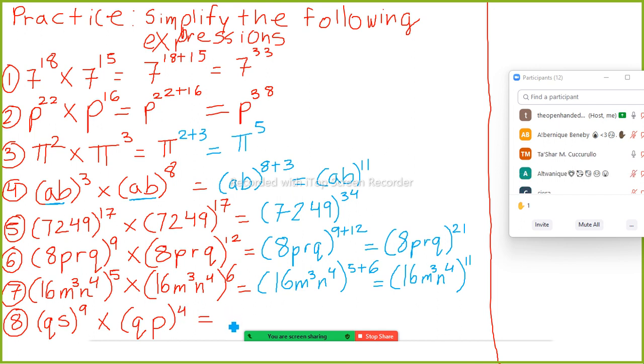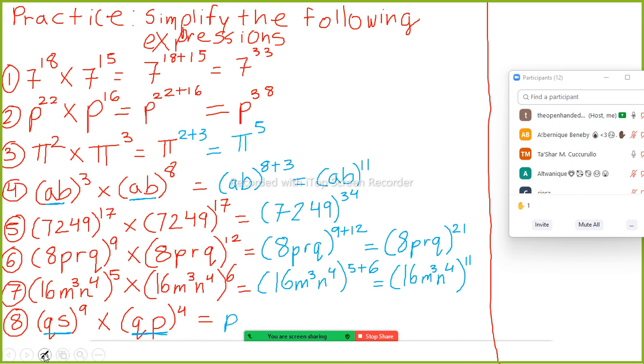So we cannot use this rule for number 8, right? Because the bases are not the same. This one is Q^S, this one is Q^P, and so we can't use that rule for this. We could use another rule, but we can't use this rule.